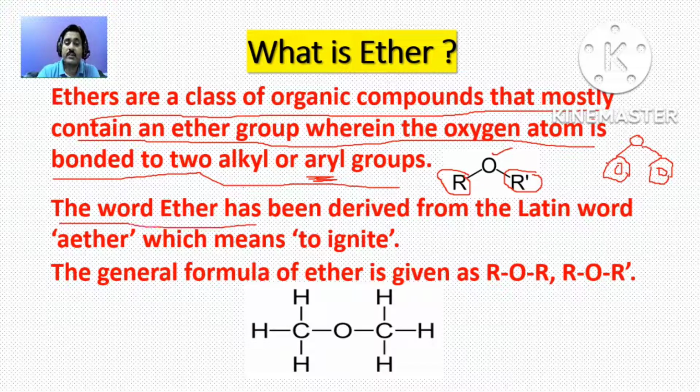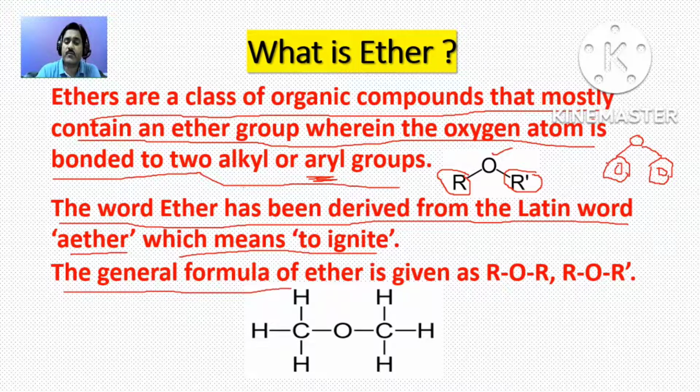The word ether has been derived from the Latin word ether, which means to ignite, the burning substance. So ethers are burning substances which catch fire very easily. The general formula of ether is given as ROR and ROR dash.